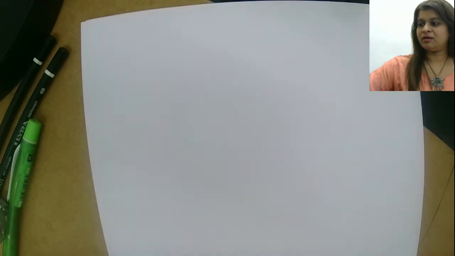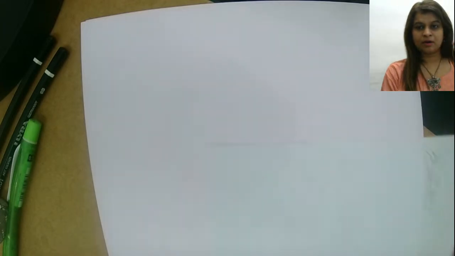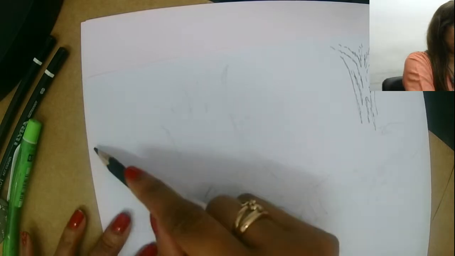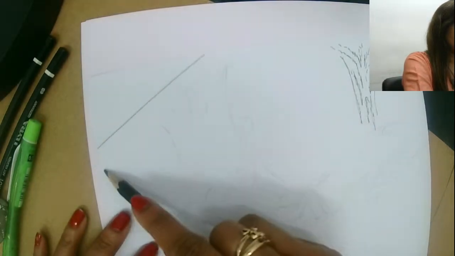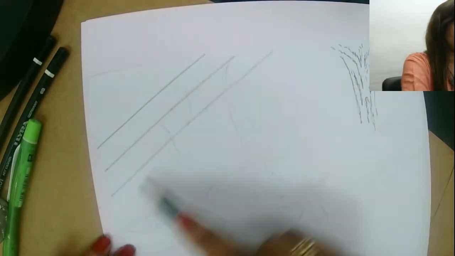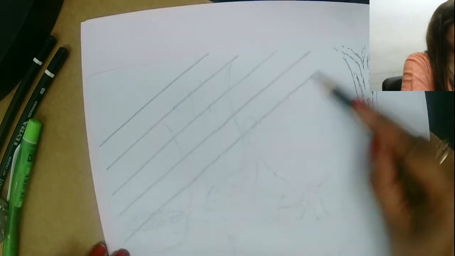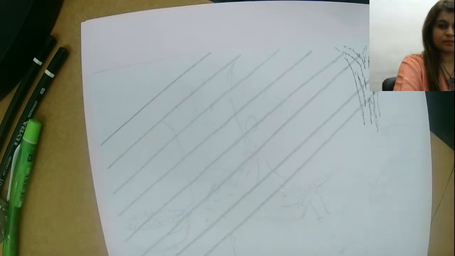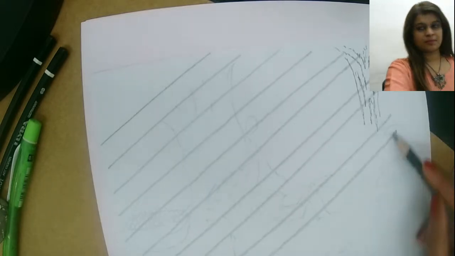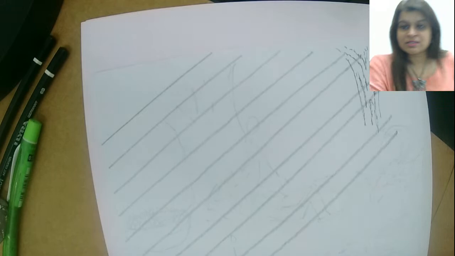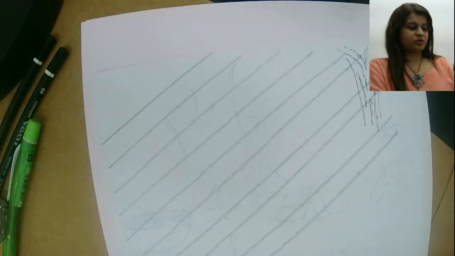First of all, when we start to draw, as I always say, don't just start drawing randomly. Pick up a rough sheet, and start doing your line drawing exercise. Your line drawing exercises are extremely important.